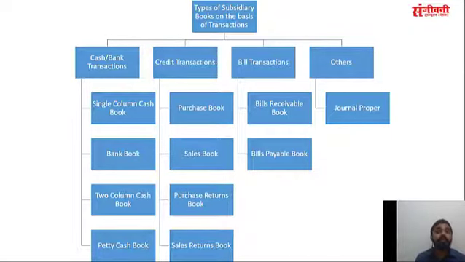So what are the bills receivable book and bills payable book? That rarely occurs. If anyone trades on credit and doesn't have trust, the seller takes a written undertaking from the buyer about when he is going to pay the money.